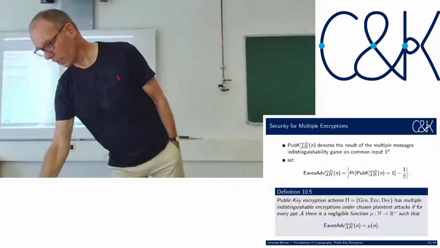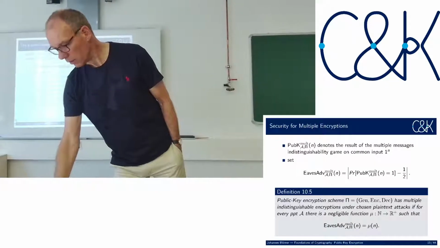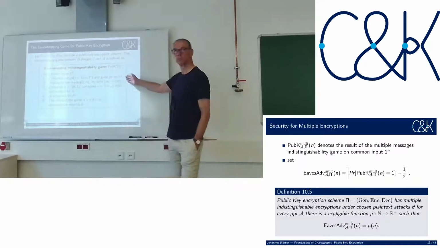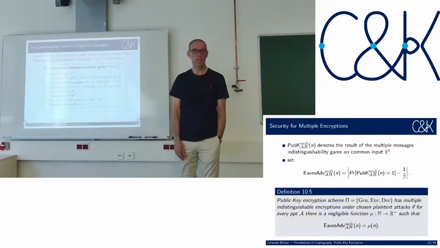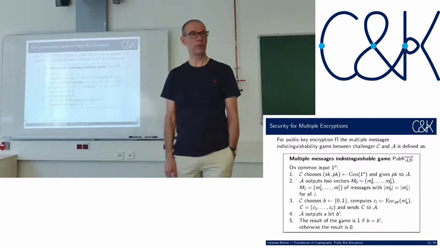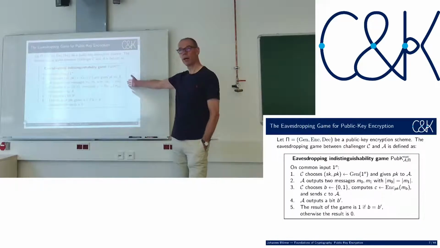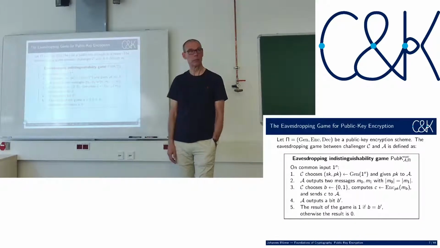You can easily see that in this game you cannot achieve security for eavesdropping with deterministic encryption algorithms, because A gets a public key itself.